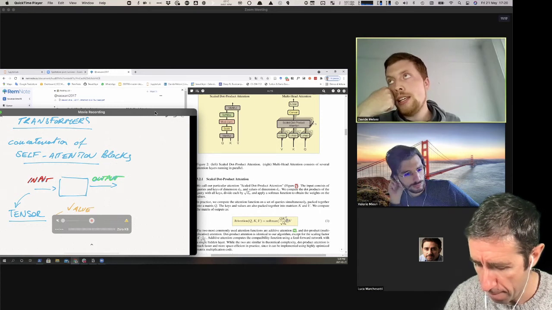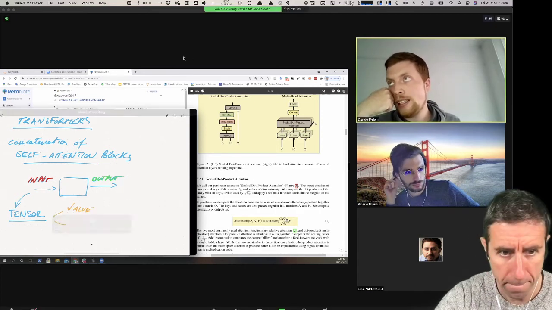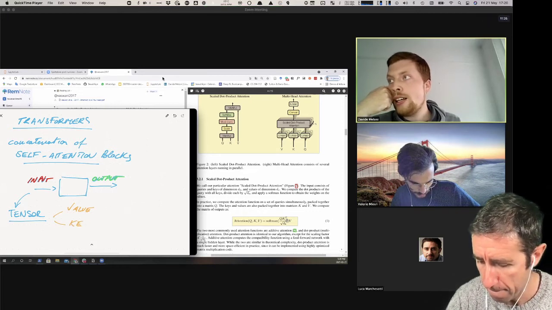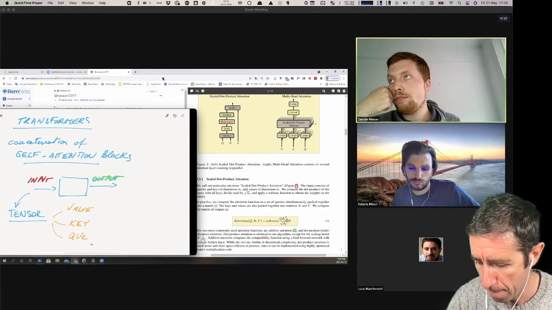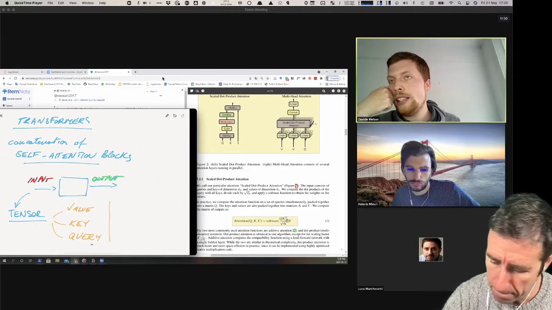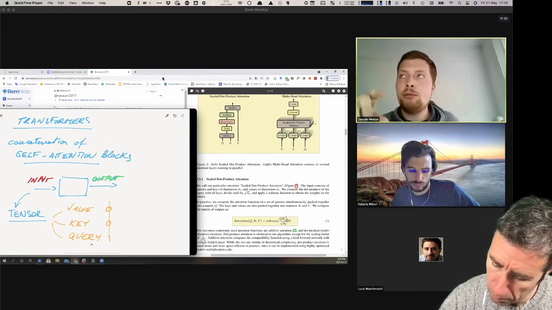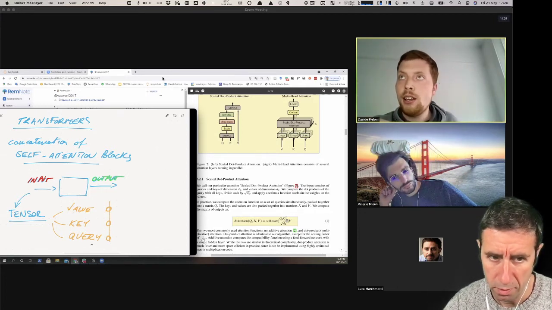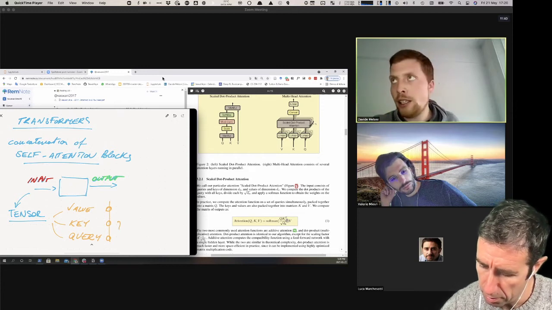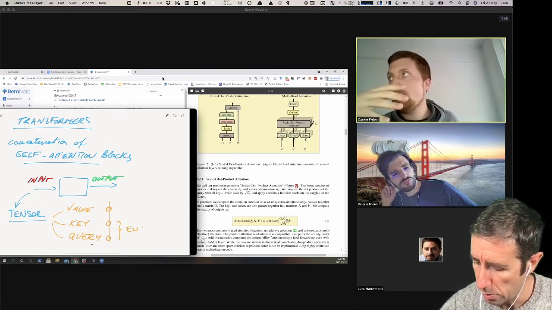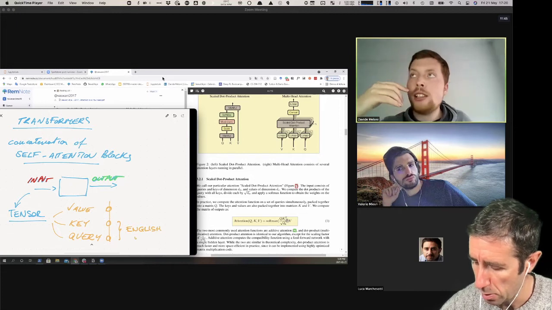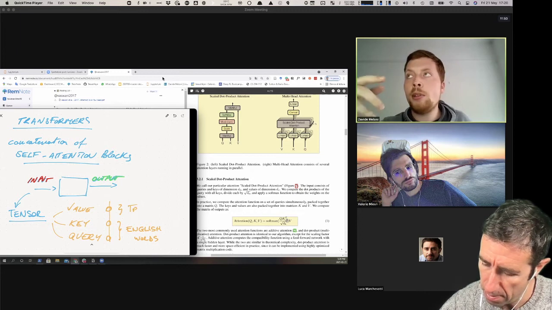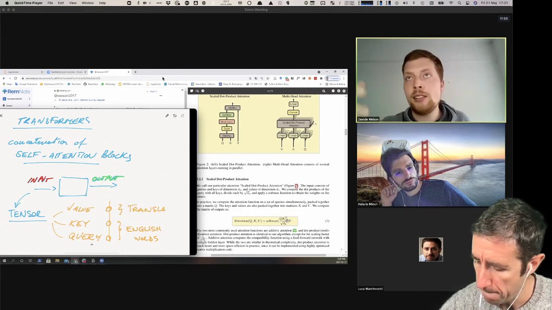For example, in this architecture, as I said, which is an old version of transformers, query and keys are, for example, if you're translating from English to French, the English words, and values are the French words. But in the new architectures like BERT, query, keys, and values are computed directly from the same input, that is the sentence, basically.